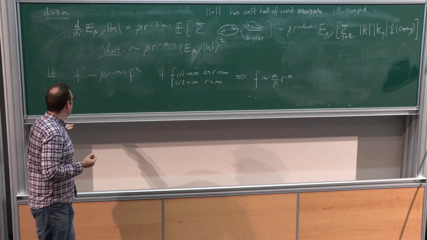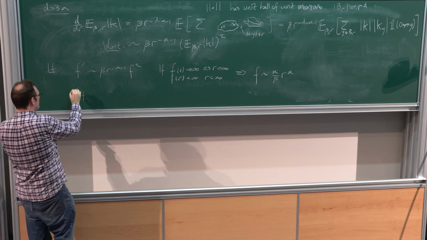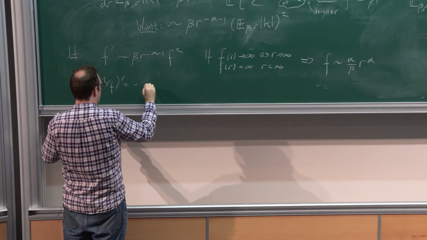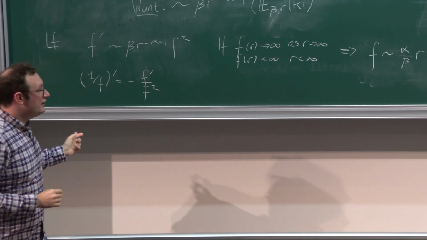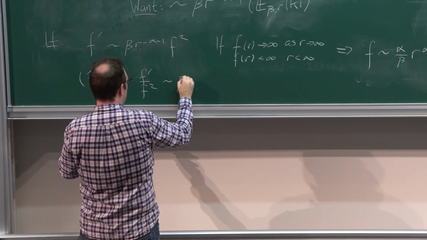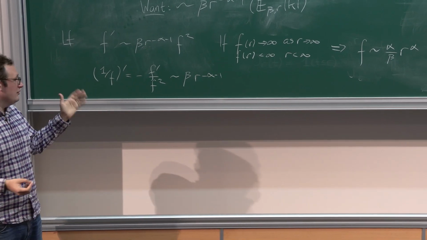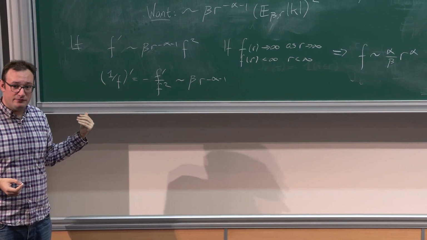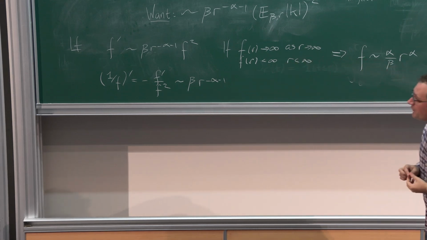You can check. Look at 1 over f. What's the derivative of that? It's minus f prime over f squared, and you see the f squareds cancel, so it's asymptotic to beta r to the minus alpha minus 1. Then you can just integrate both sides, get an asymptotic formula for 1 over f, and then invert.